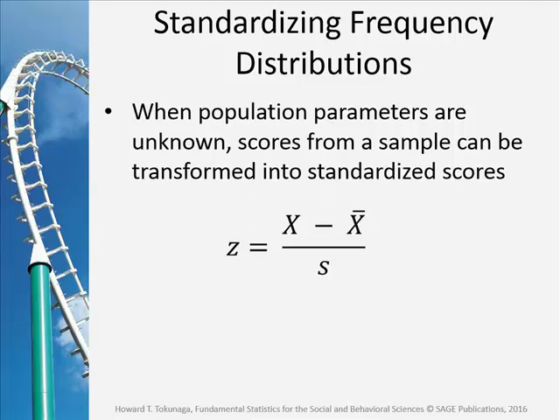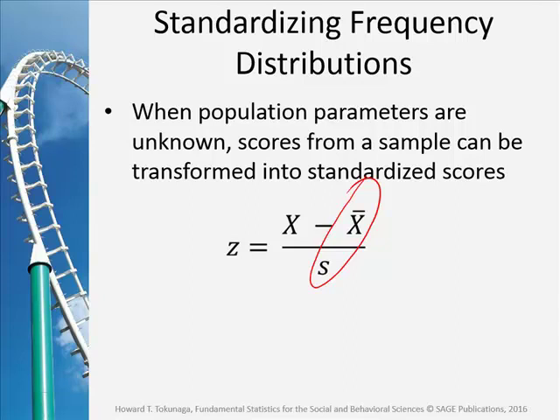As long as you think your sample is random and diverse and a good sample, we can take a sample and we can still transform these into standardized scores. All I've done with the equation is just use the sample letters of x bar instead of mu and s instead of sigma.